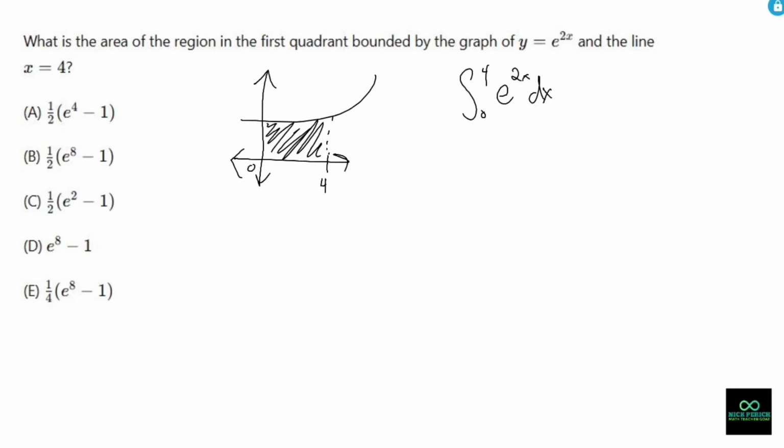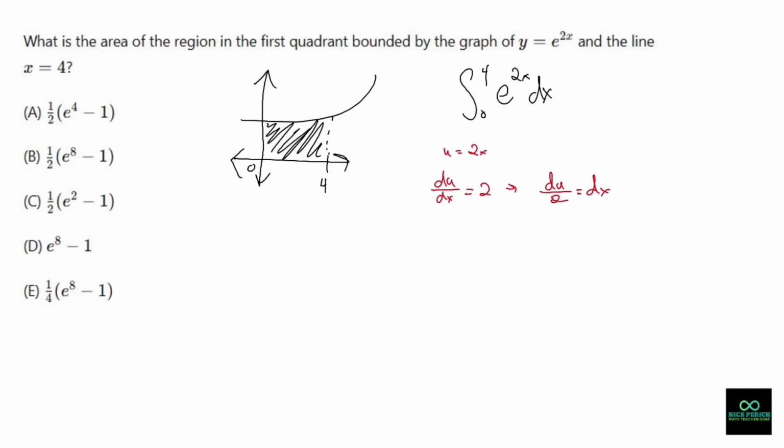Now this is going to be integration by u substitution. So let's let u equal 2x, which means du dx is going to be 2. And if I flip-flop the dx and the 2, that ends up making du over 2 equal to dx.